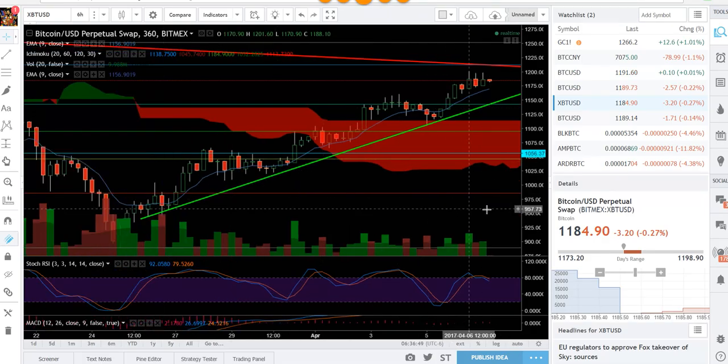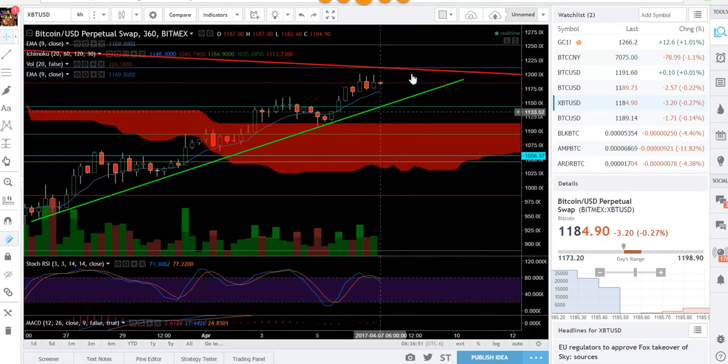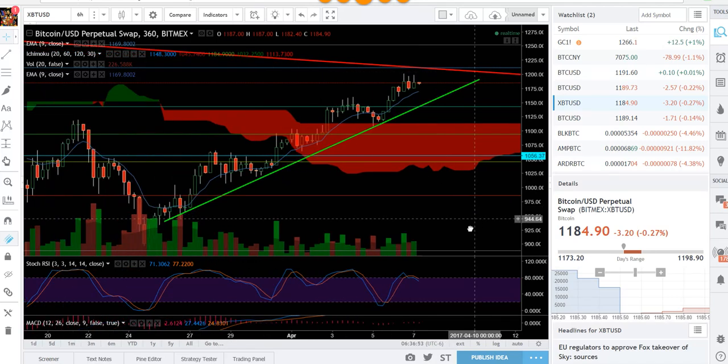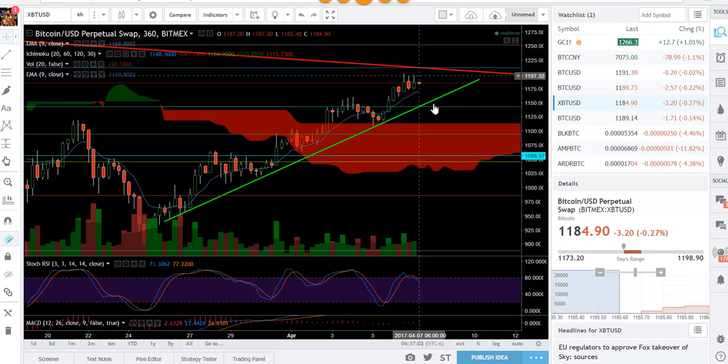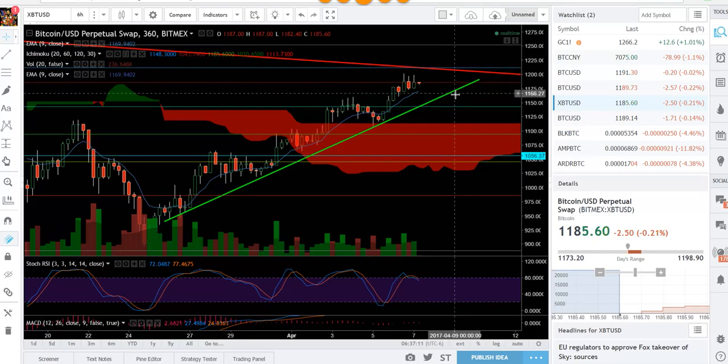So we have a couple indications as we head into this area. Bitcoin's heading for resistance with this red line and the 78.6, and it's riding on the support trend. So somewhere in this area, it has to decide: is it going to break through this resistance or is it going to break down the support?